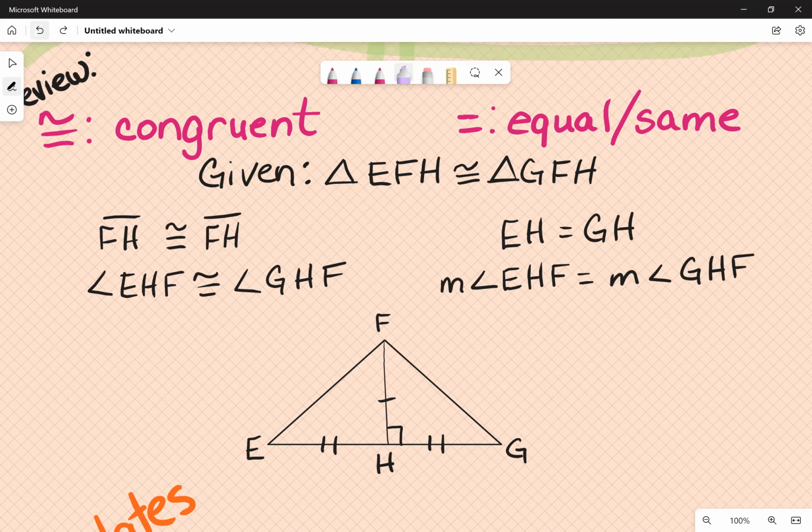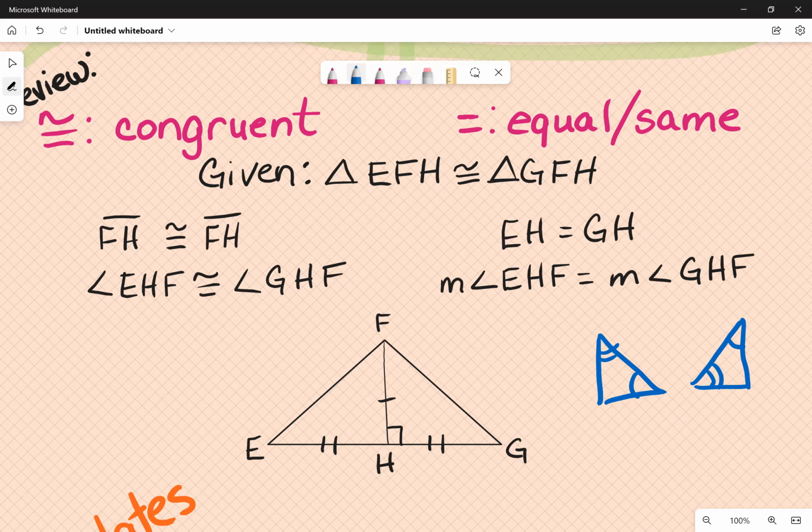Something else that's not shown that you would need to know are arc marks. So let's just say that I had a triangle here and another triangle, and they're not facing the same direction. They're twisted where you have to rotate them. Maybe I'm telling you that this angle actually goes with this angle, and then this one goes with this one.